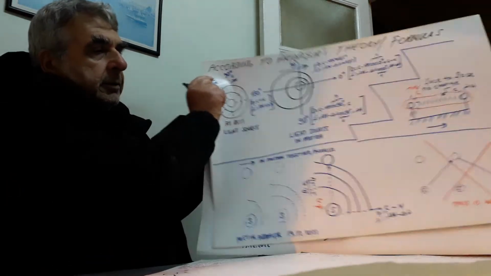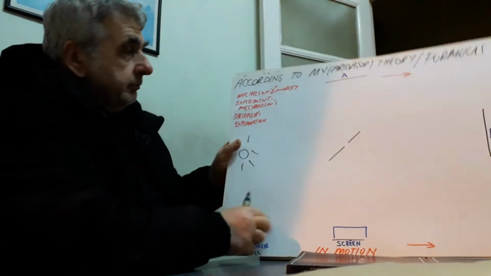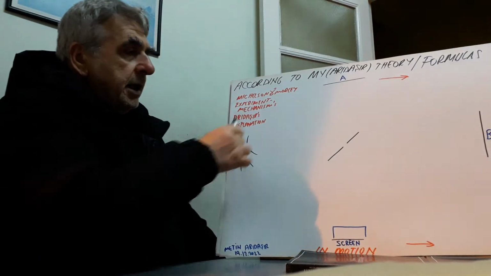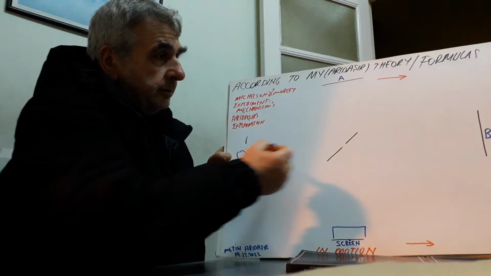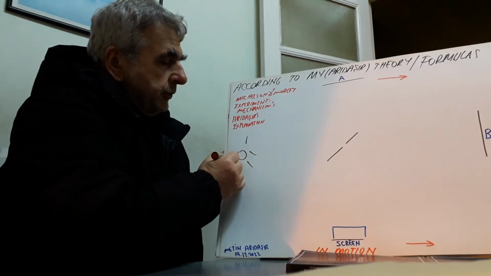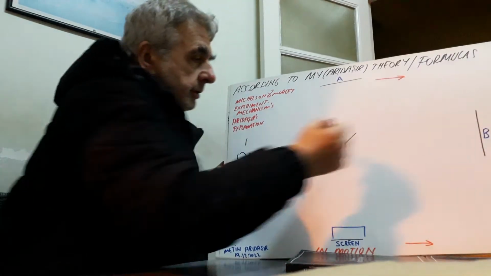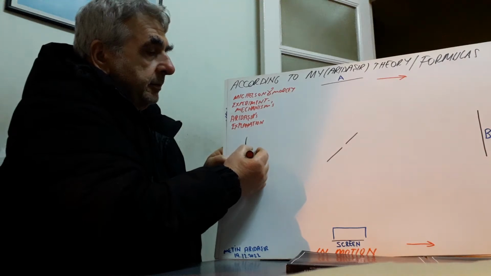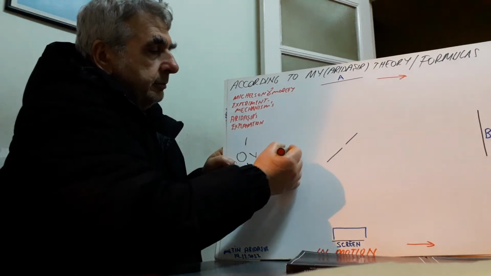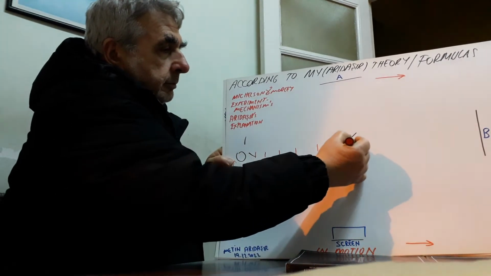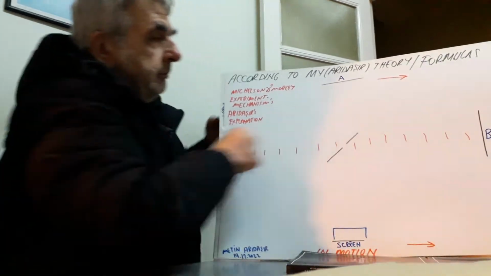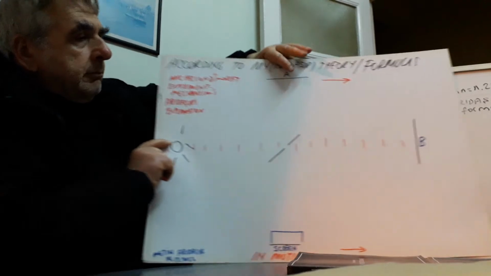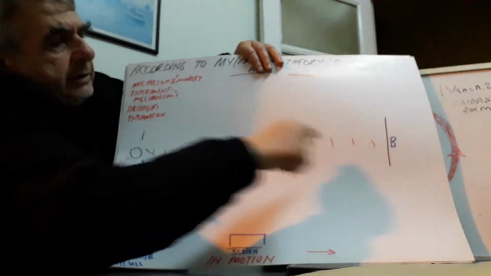Then, here. Now, source. Light from source to B doesn't change. The wavelength from here to there doesn't change.